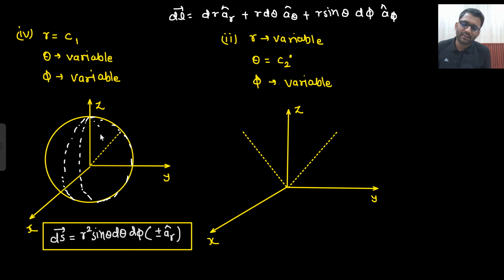In the previous slide as well, my theta is varying. One more line I will do. So everywhere my theta is varying. Along with that, my phi is varying in this manner, in the whole circle. So this will make a hollow sphere.